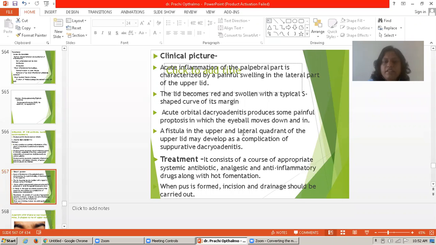A fistula in the upper and lateral quadrant of the upper lid may develop as a complication of suppurative dacryoadenitis.